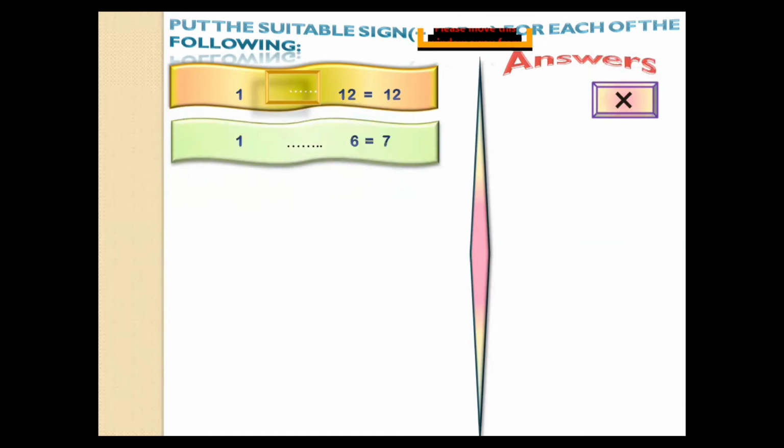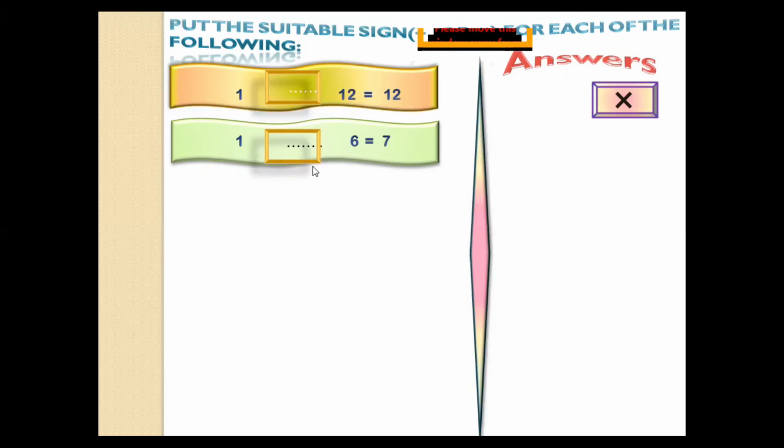The second one, we have here 1 and we must put a suitable sign here, plus or by, 6 to get 7. If we put by here, 1 by 6, we must have 6, but here we have 7.